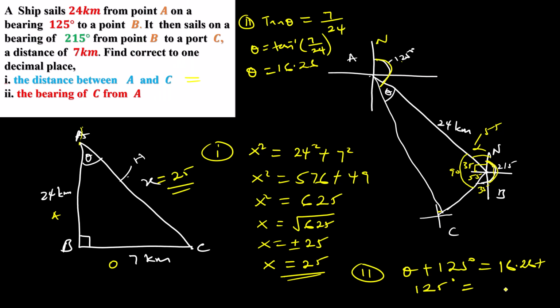We are to round our answer to one decimal place. So we have 141.26, which to one decimal place is 141.3. That is the bearing of C from A.